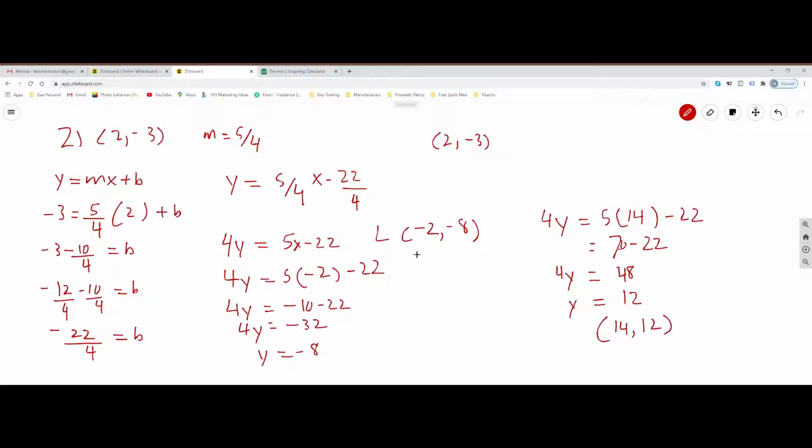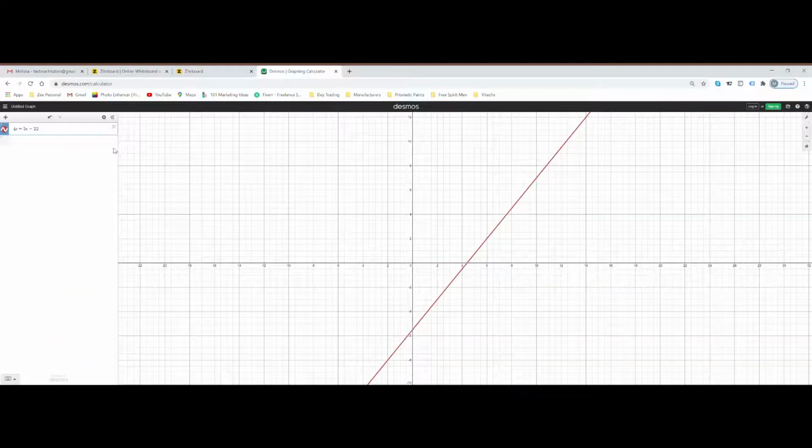So if we plot the equation for the line, we should be able to see negative 2 and negative 8, and point 2 and negative 3, and point 14 and 12. So let's graph it. So here is the graph of the equation for 4y equals 5x minus 22.